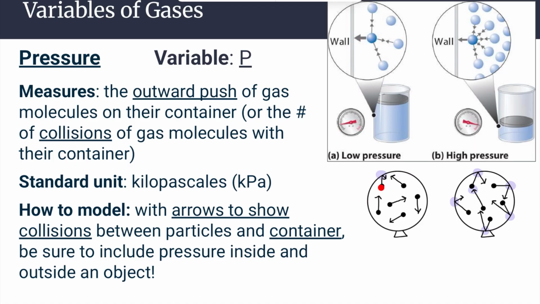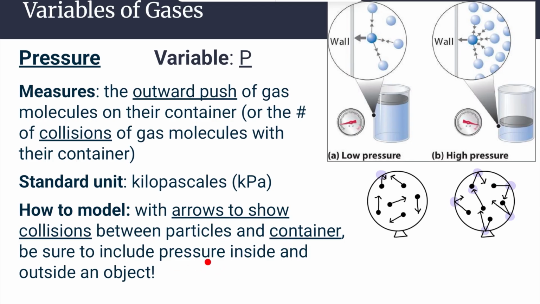I showed with my molecules their motion, and I only showed one collision on the left. And then on the right, if we have high pressure, that means that there are more collisions that are happening. So I showed that with 1, 2, 3, 4, 5 collisions with my container, and then also collisions with other molecules. And so that is how we are going to model using arrows to show collisions between particles and the container.